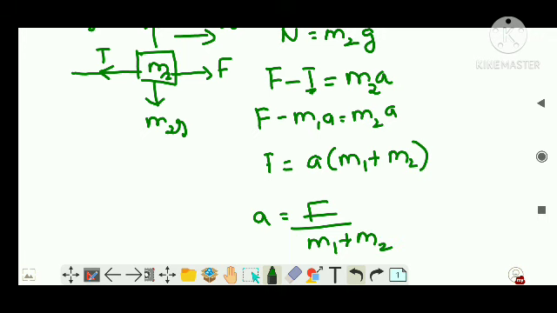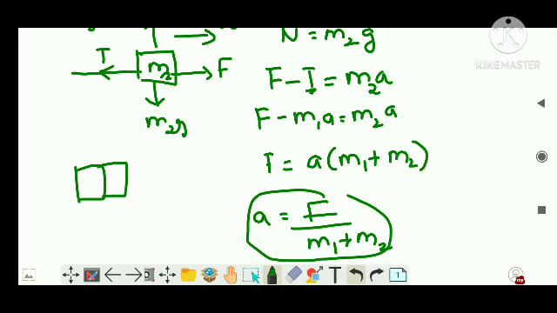It is just like the previous case. Remember, when two blocks were joined, that also had the same acceleration equation, that is net force divided by net mass. I'm sorry for the dog barking, can't do anything about it.